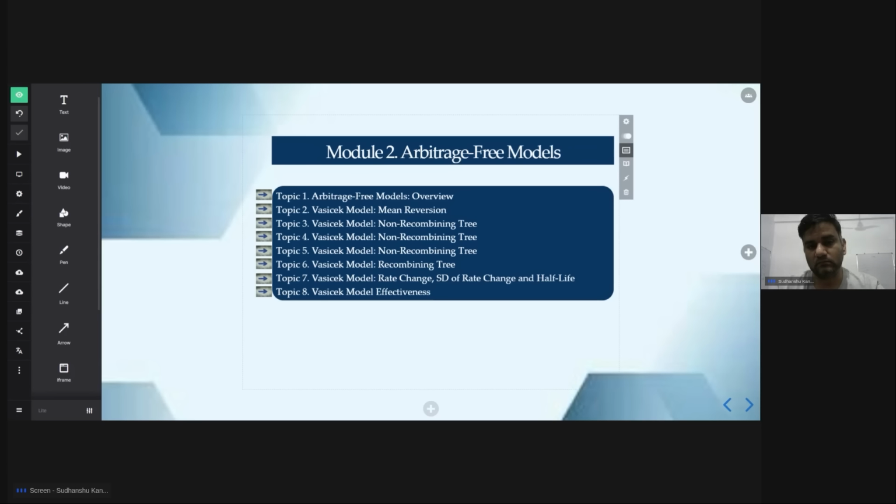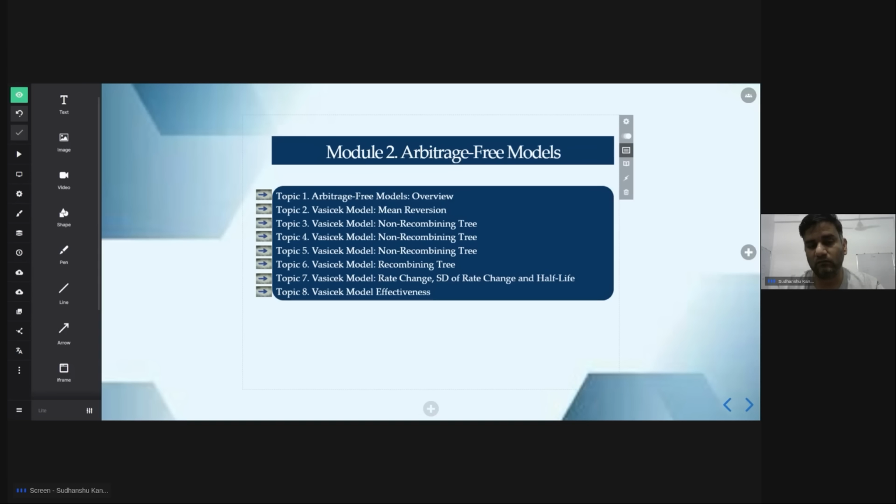In topic 2, we'll get into the Vasicek model's mean reversion, how we incorporate it, and how rates are pulled back towards the mean rate over time. Then from topic 3 to 5, we'll talk about non-recombining trees.